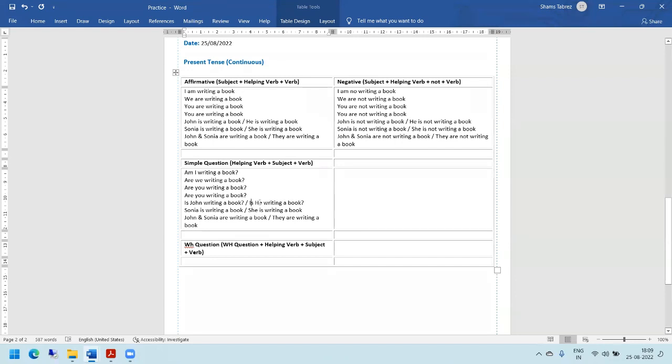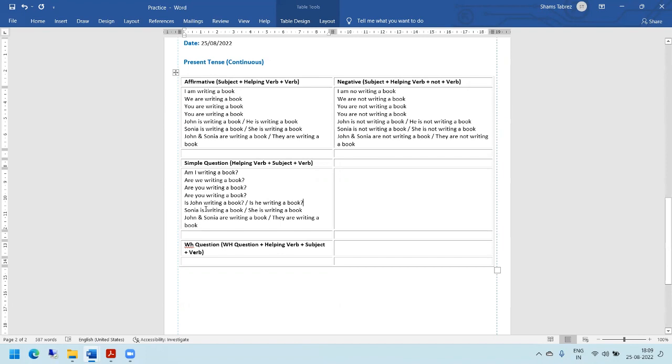Now tell me, H should be small or capital? Small. Because it is a pronoun, and I is the only pronoun which is always used capital. I as a pronoun is used capital, but the rest of the pronouns should be small. Is he writing a book?